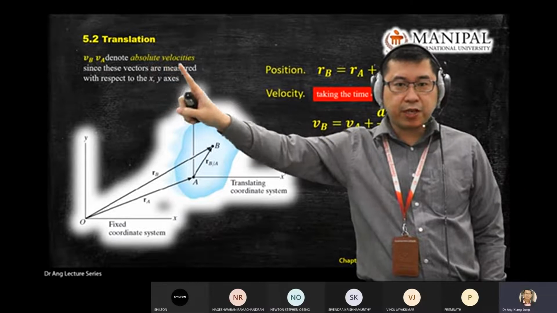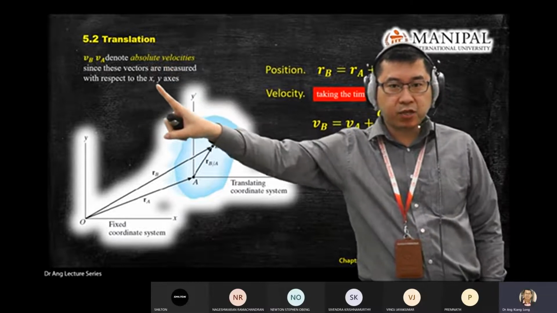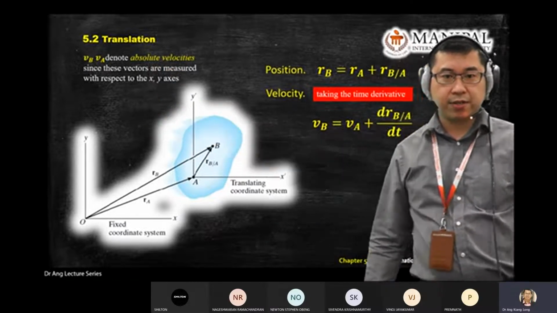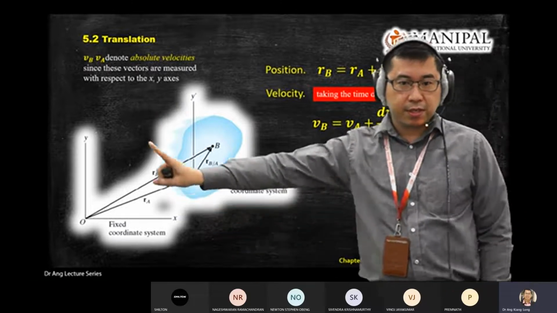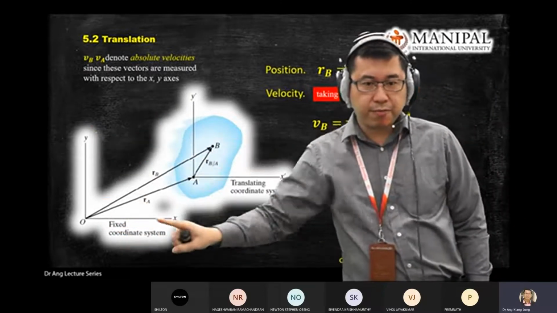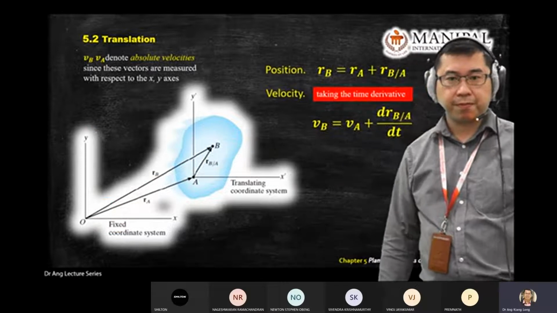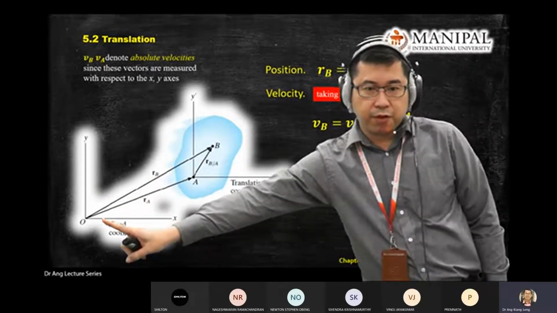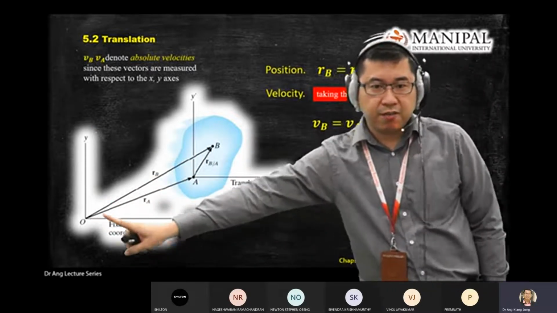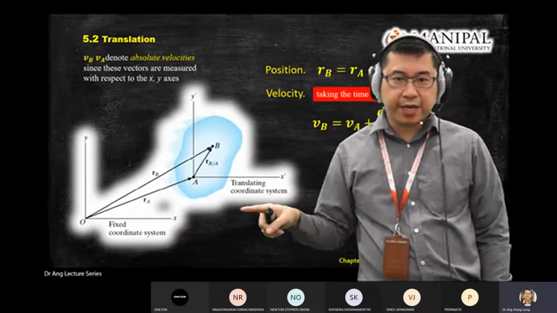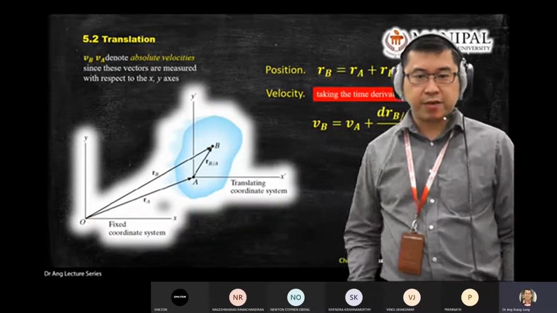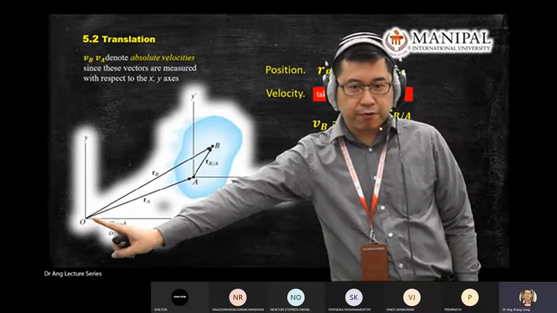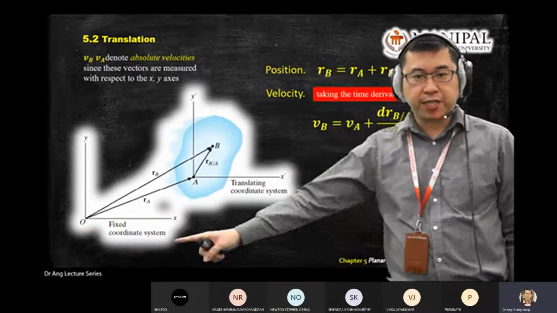Absolute velocity, they are measured with respect to x and y axis. They are measured from the fixed coordinate system. Velocity A, velocity B, they are absolute velocity because they measure from the primary axis here, or fixed coordinate system.